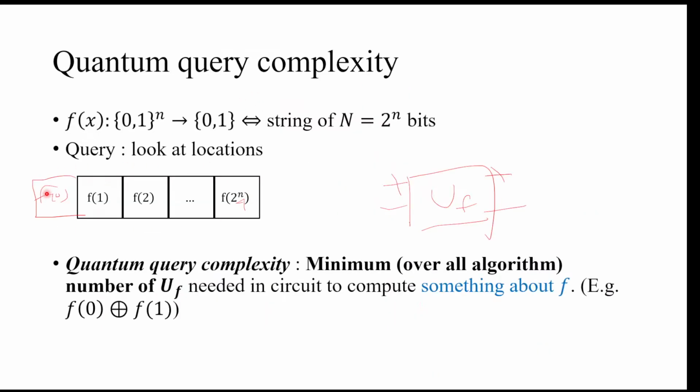So we think of the truth table of f of x as the input to our algorithm. Now we define the query complexity as the minimum number of queries you need to use in your algorithm to determine your bigger problem.